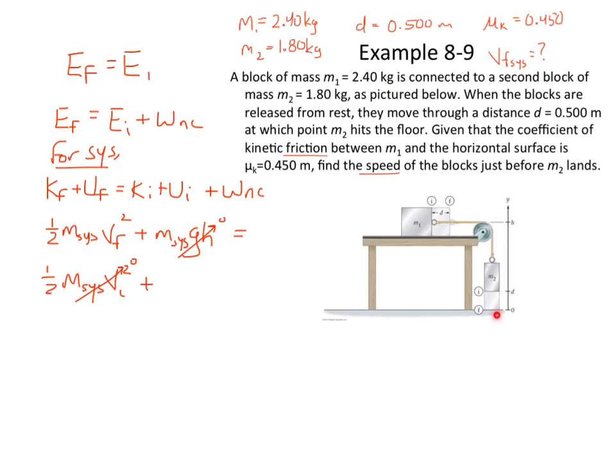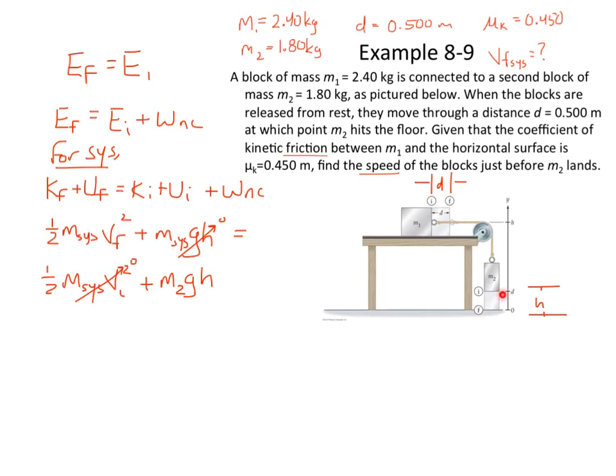That's going to be mass 2 times gravity falling through that height right there. In that case, the height is that distance d that the block slides through horizontally up here. Okay, so h and d are going to be the same thing because the whole system moves the same distance.